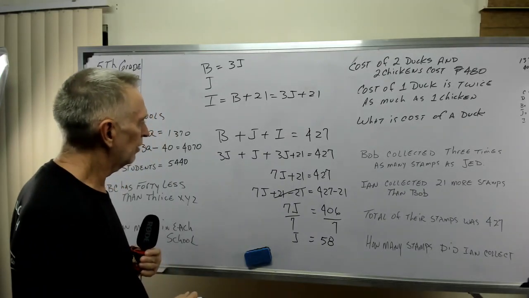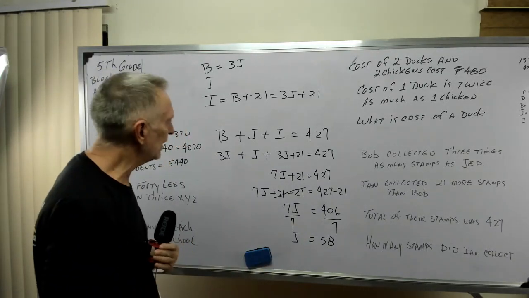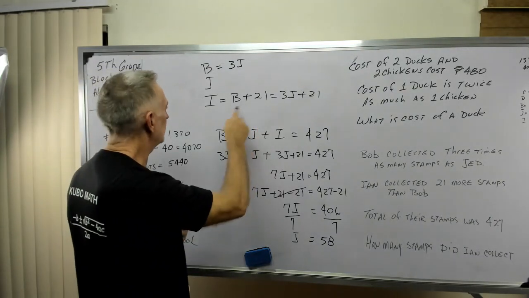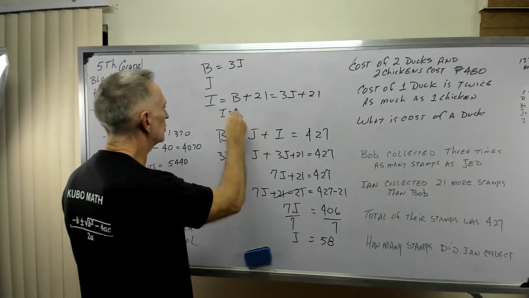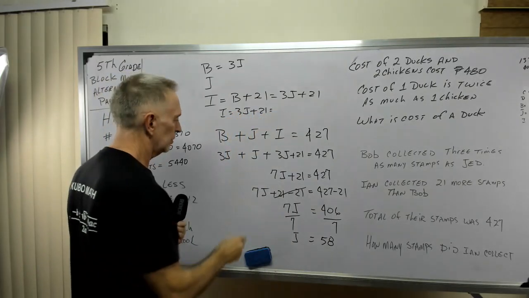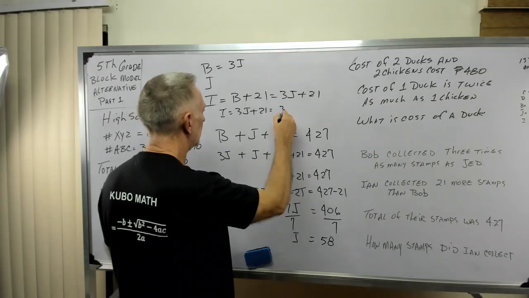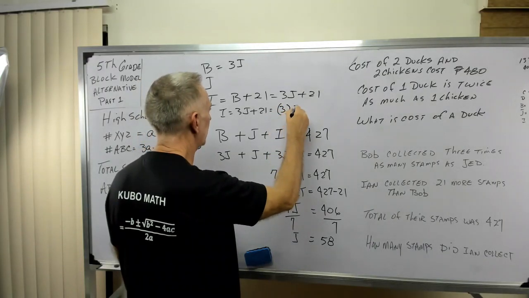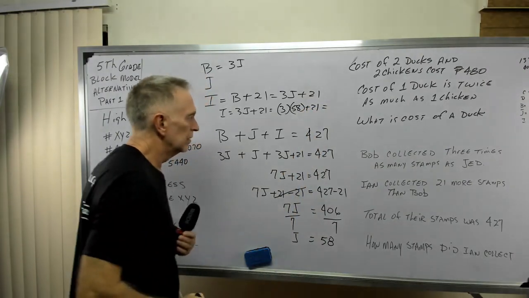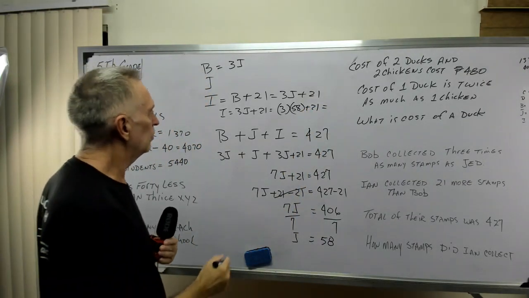Well, we're trying to figure out how many stamps Ian had. Ian was 3 Jed plus 21. So that equals 3 times 58 plus 21. So Ian had 195.